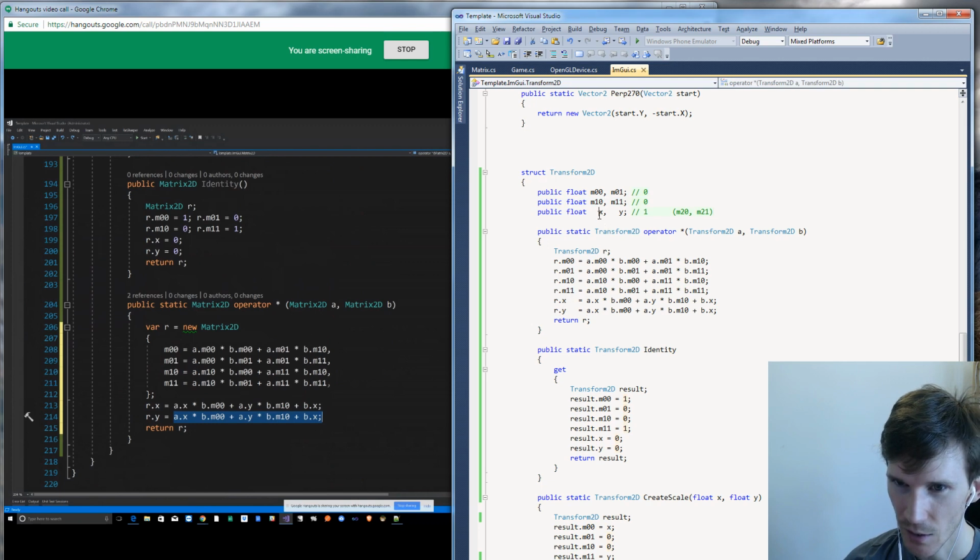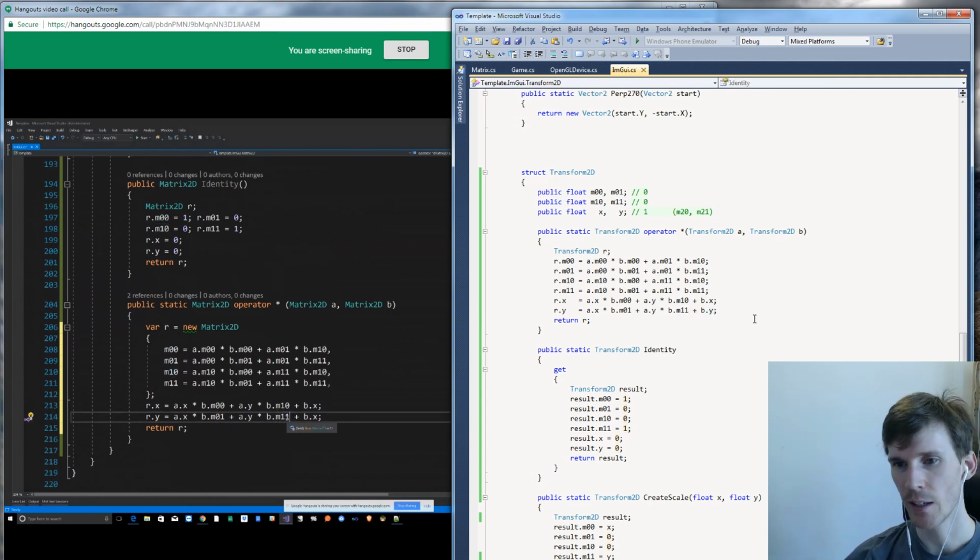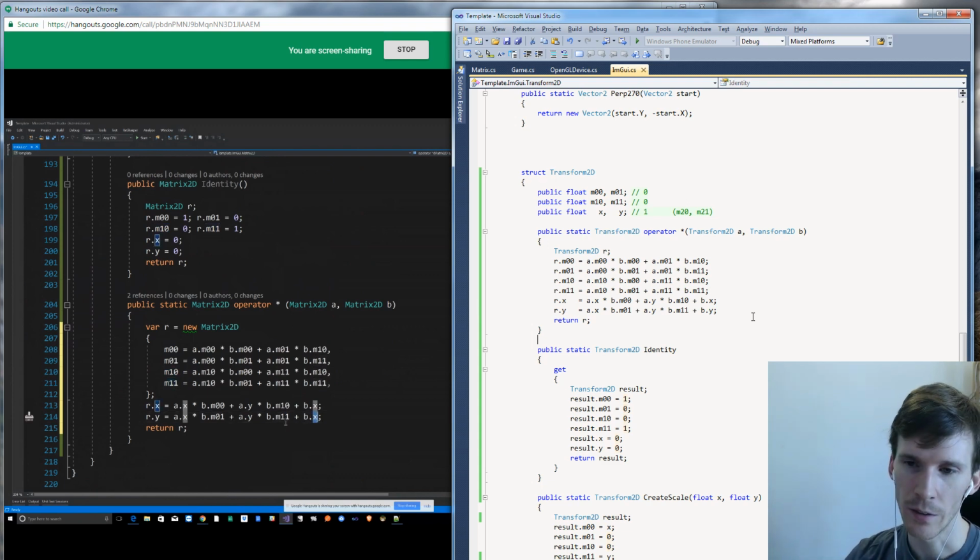So there's AX times, we're going down this one now. Yeah, so that would be M01 and M11 and BY. And already you can sort of see how this works.